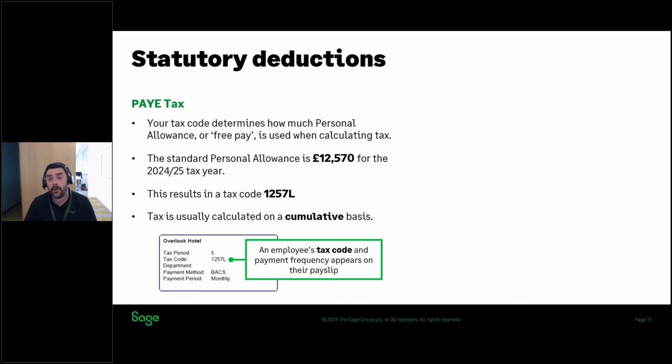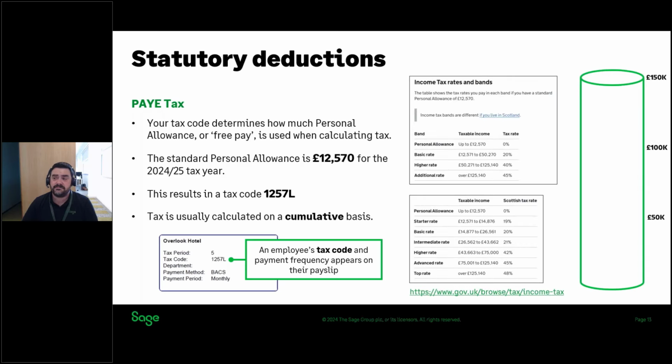So in the case of a monthly paid employee, in month 1 of the tax year, they would get 1/12 of their personal allowance and 1/12 of the different tax band limits, and then that would increase to 2/12, 3/12, 4/12 as you go throughout the year. And same principle as well for weekly, although that would then be divided by 52. So that's the tax code and the personal allowance.